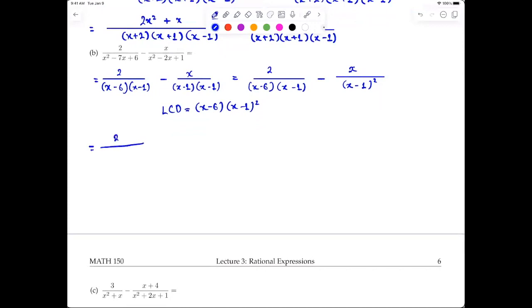You got 2 times x minus 6 times x minus 1. We are missing 1 x minus 1, so you multiply the top and bottom by x minus 1. For the second expression, you are missing x minus 6, so you multiply the top and bottom by x minus 6.